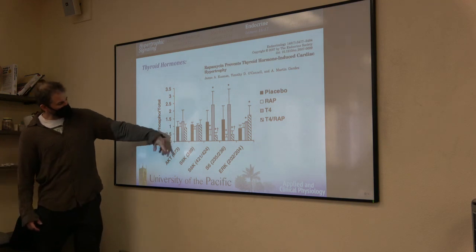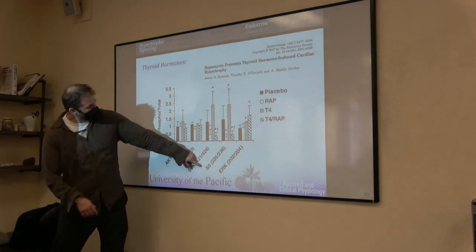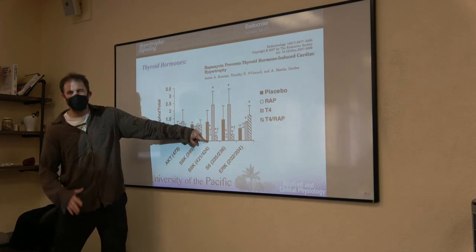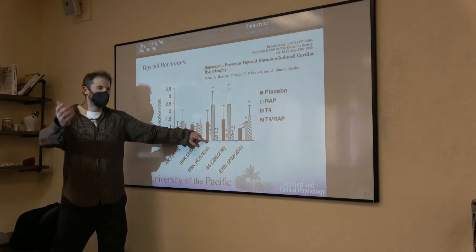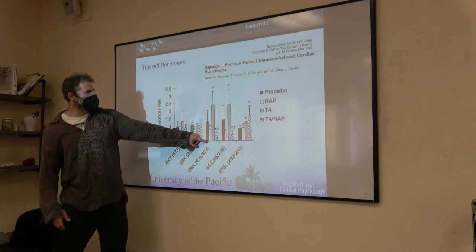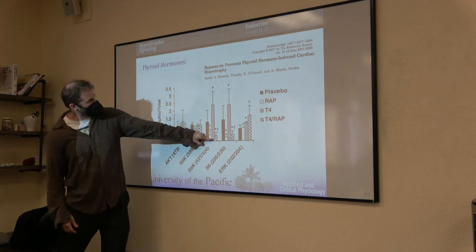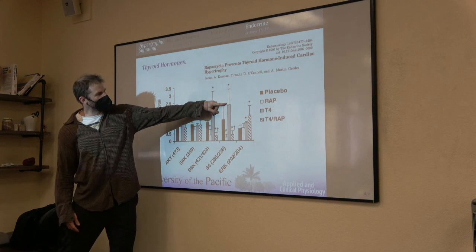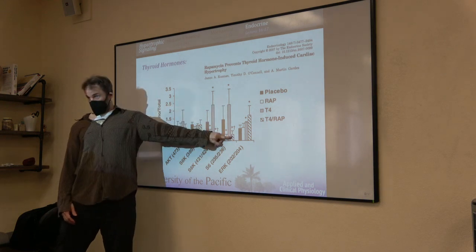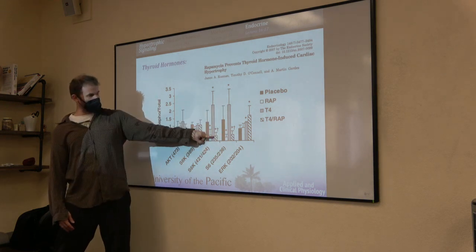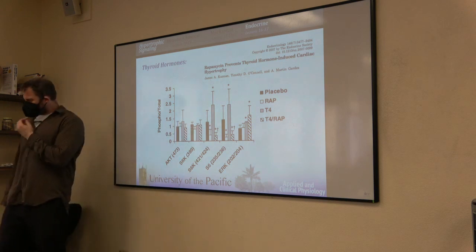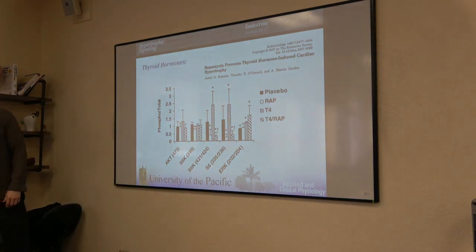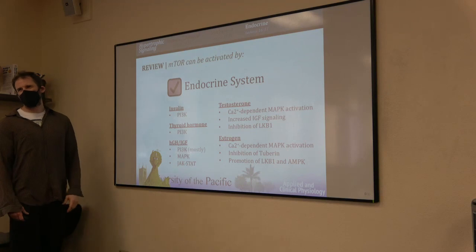Again, PKB, the S6K, but ribosomal protein S6 and S6K, downstream from mTOR. P70 S6K, ribosomal protein S6. T4, okay, huge phosphorylation state. T4 with rapamycin. So the anabolic signaling of thyroid hormones just gets abolished with rapamycin.